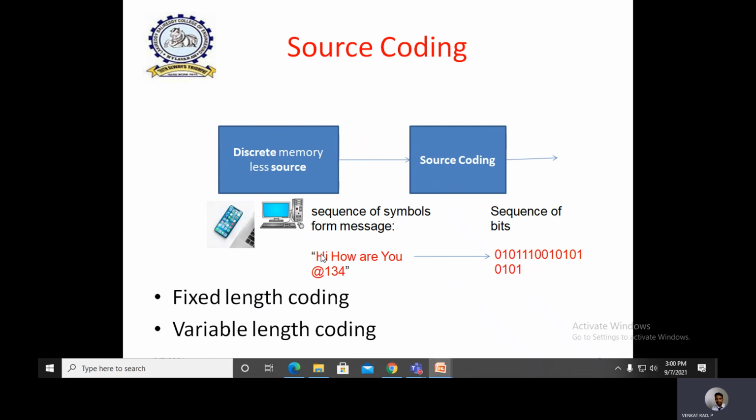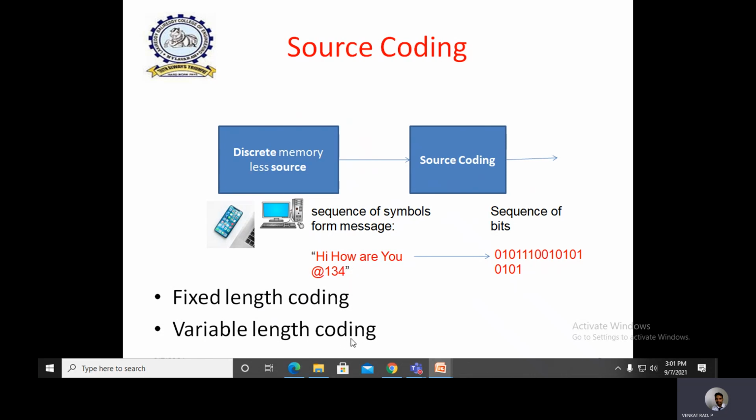That means the probability of occurrence of H is more, so it will be assigned fewer bits. The probability of occurrence of Y is less, since it occurs only once, so we'll assign more bits. That is the variation of assigning bits to each symbol, and that is known as variable length coding.